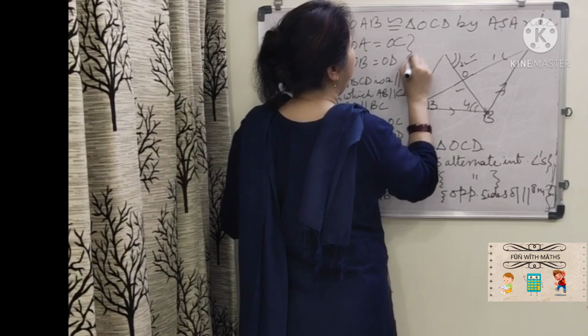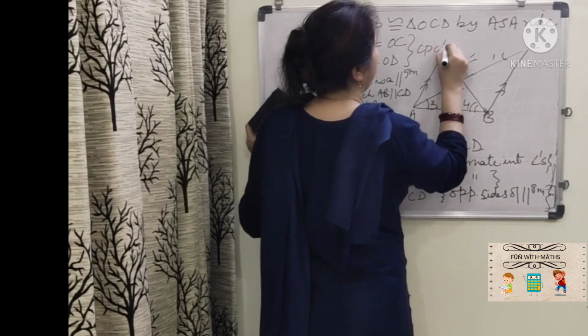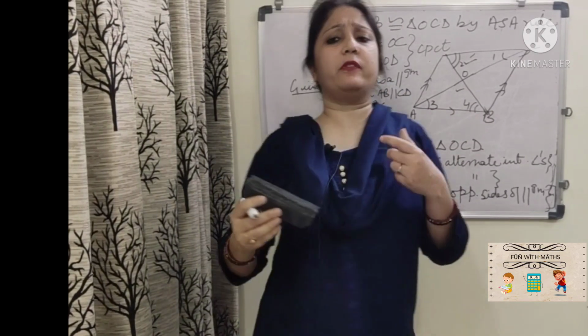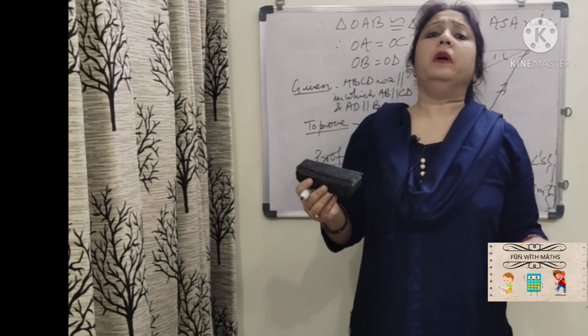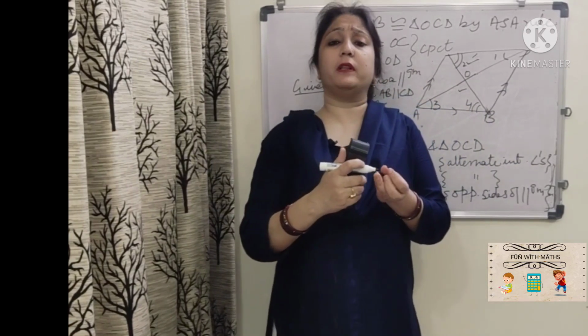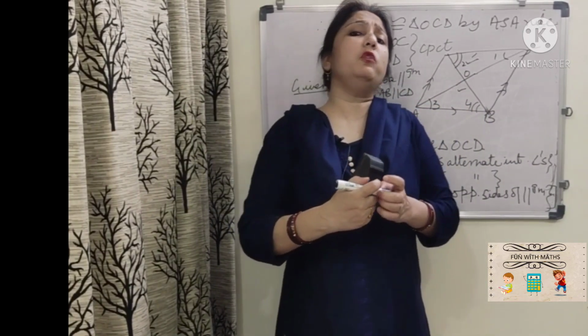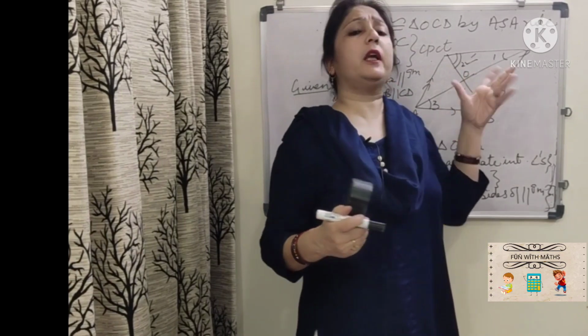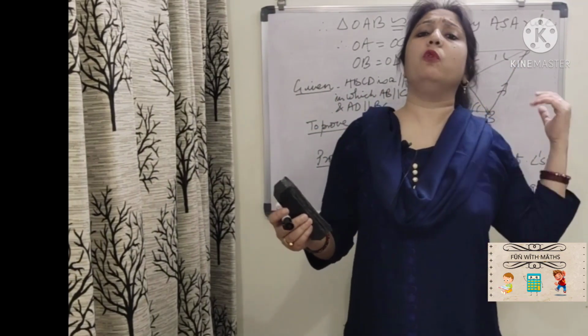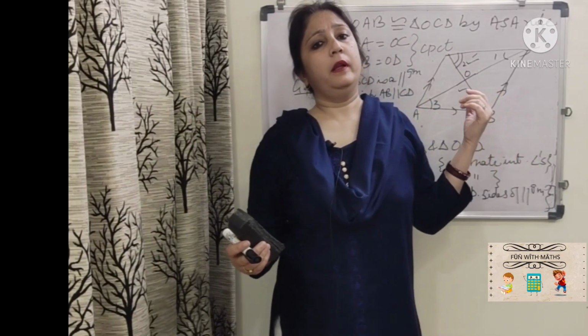This is by CPCT. So you will remember my points, the key points that I have provided you, that whenever you have to prove diagonals bisect each other, you will use the same way. Vertically opposite triangles will be taken and proved like this only.